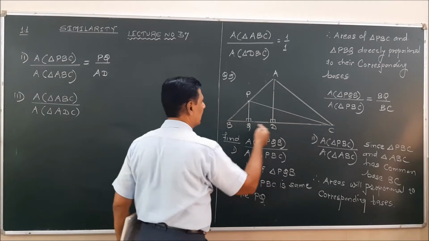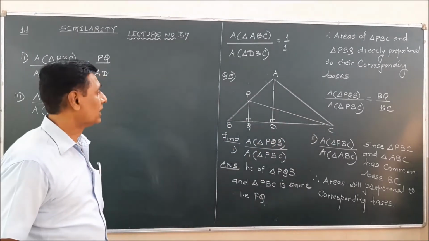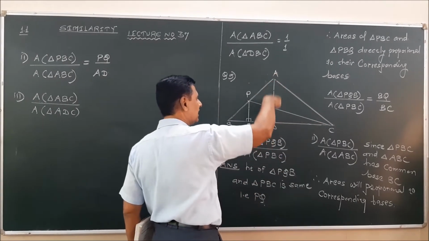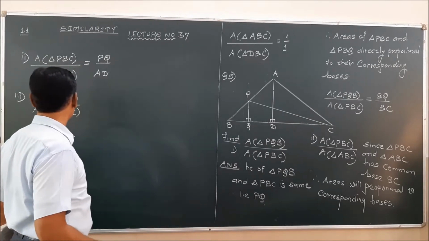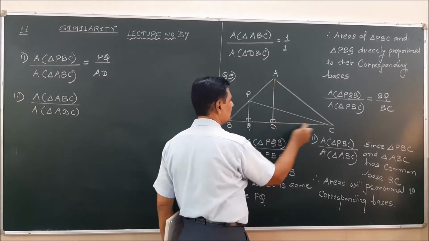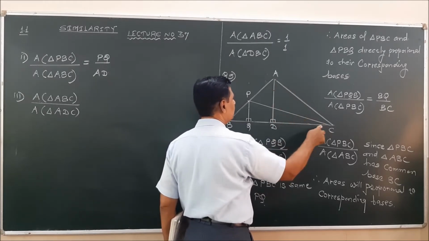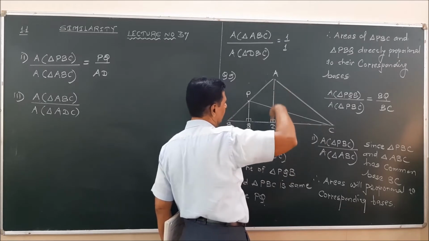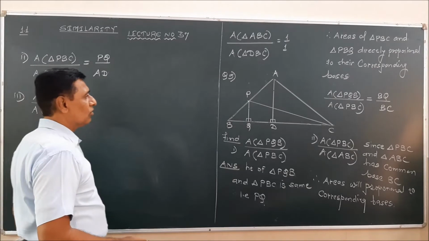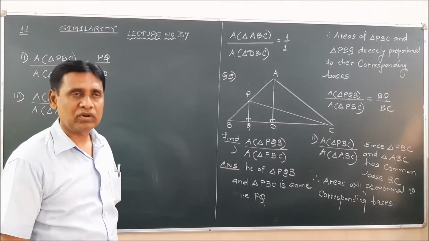This is triangle ABC, and its height is AD. Now the next triangle is ADC, a right angle triangle, for which AD is the height, as well as for ABC, AD is the height. Heights are the same. Areas will be proportional to their corresponding bases.